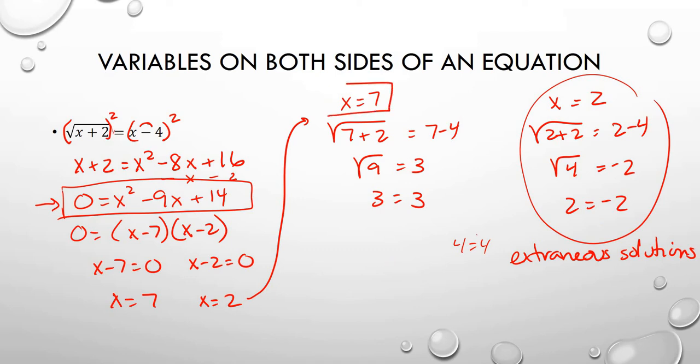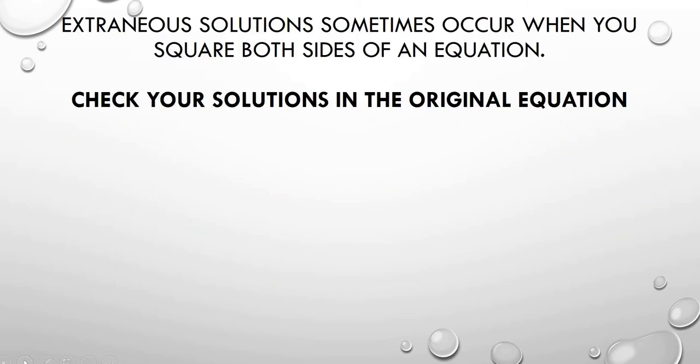So there is only one solution. It's x equals 7. So extraneous solutions sometimes occur when you square both sides of an equation, because if you square a negative, it acts like a positive. So always check your solutions in the original.